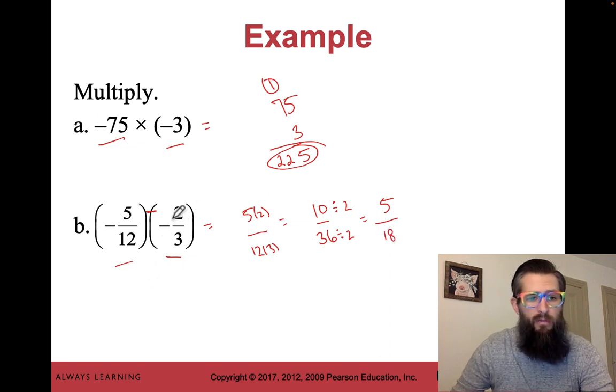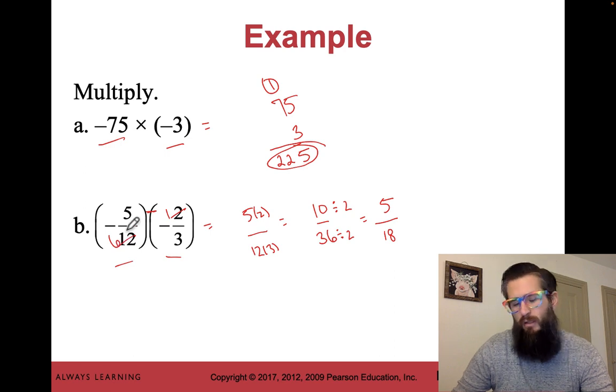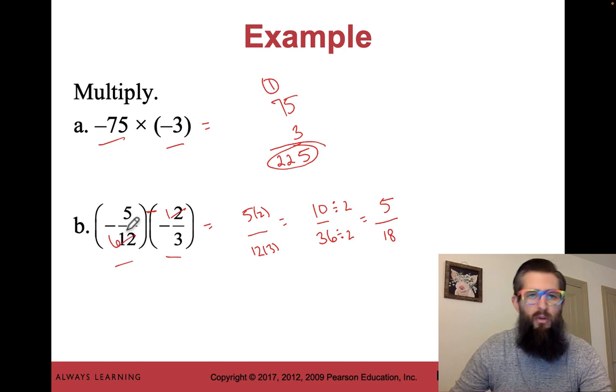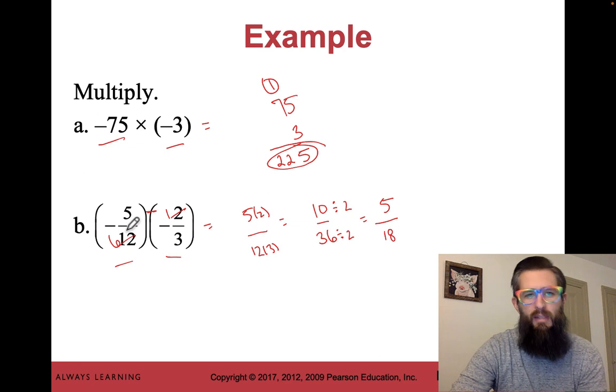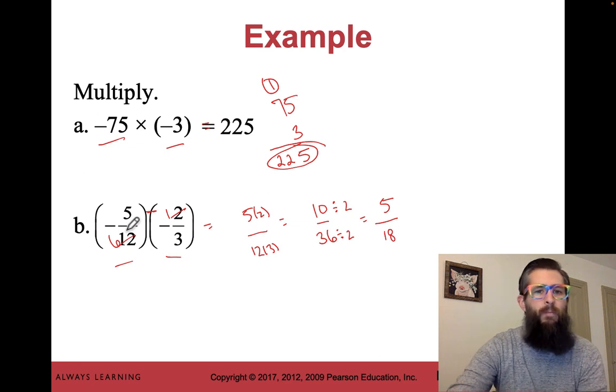In theory, we could have factored out the 2 here and factored out the 2 here and just done the multiplication, but I wanted to show you a couple of ways that we could do this. So again, when you have a positive times a positive, it's a positive product, and when you have a negative times a negative, it is a positive product.